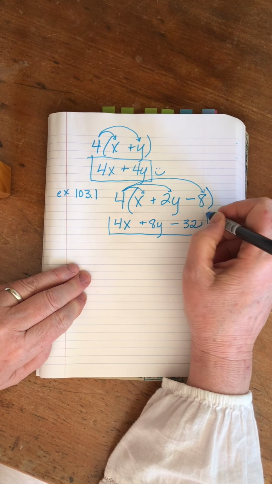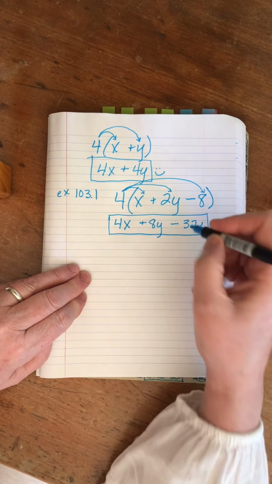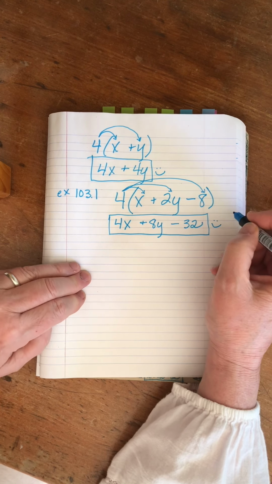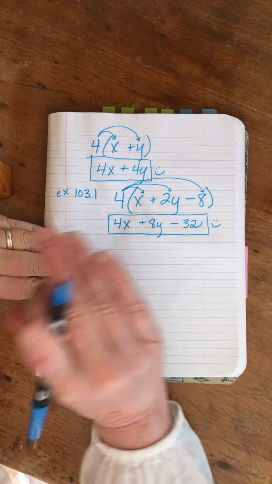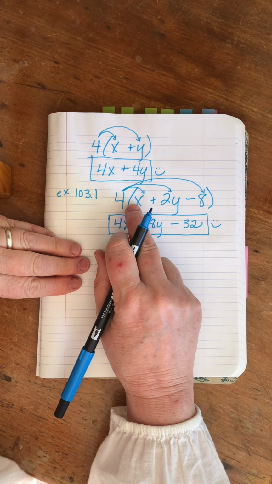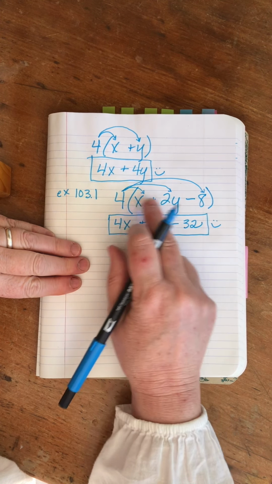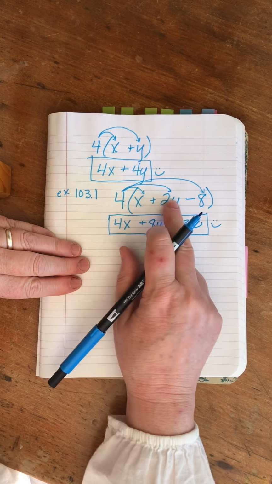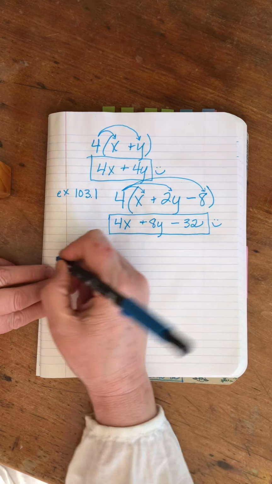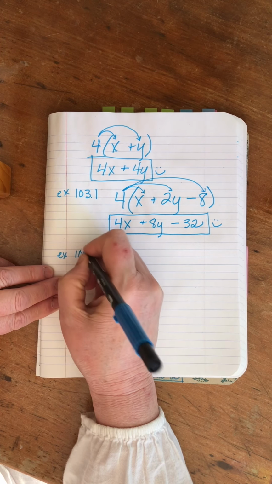And notice that the order of the terms, which we talked about in the last lesson, we talked about how we want to go from more complicated to less complicated. Here we don't really have to think about that. We just will end up in the same order that the terms were there, right? x and then y and then plain number, because we multiply them each in order. So you don't have to worry too much about that at this point.